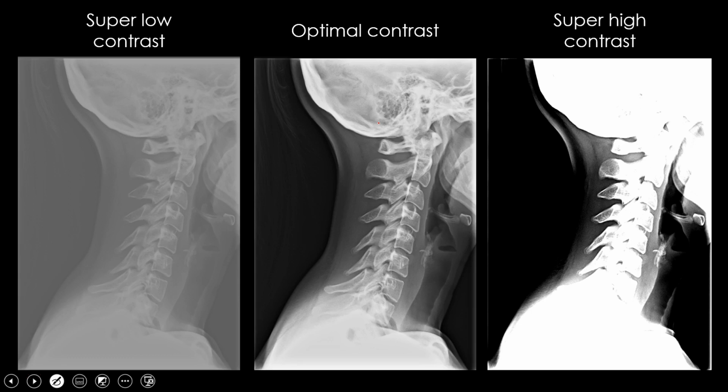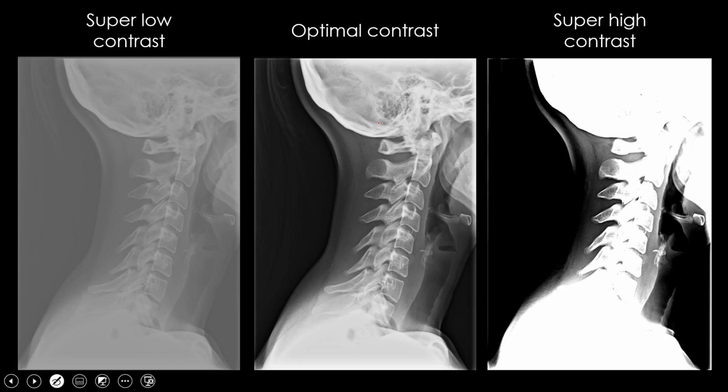And then another example, just showing very, very low contrast, too many shades of gray. Again, very indistinct between some of the subtle differences in anatomical structure. So again, between that posterior subcutaneous fat versus our water dense muscles and ligaments. Very, very tough to see on that super low contrast.